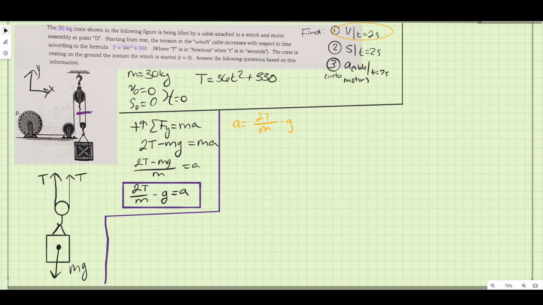So we're going to plug all those things in, and we will get 2 times 36t squared plus 330, all over the mass, which is 30 kilograms, minus 9.81, which is gravitational acceleration.